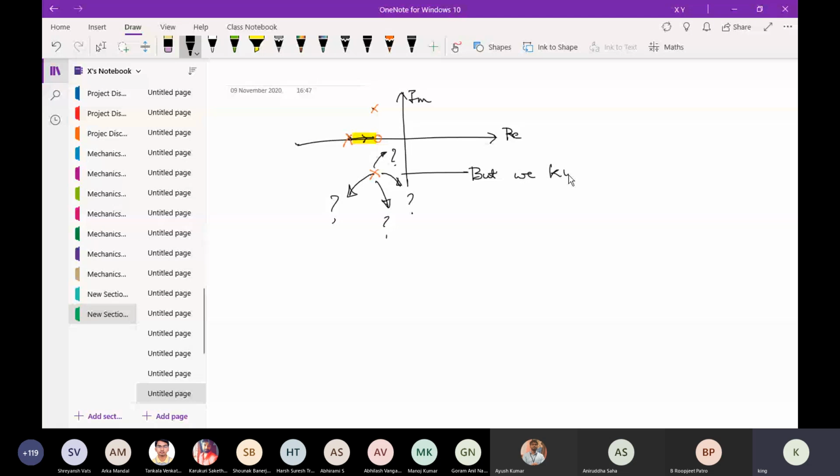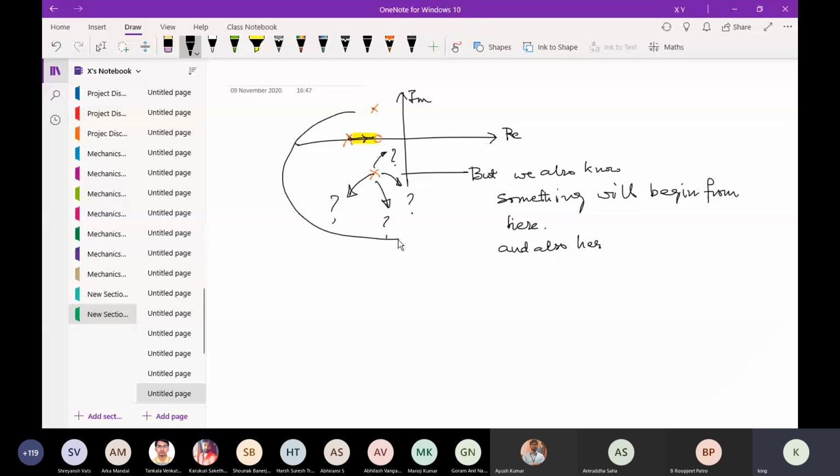But we know something will begin from here, but this simple rule has already given us the beginning and end of one part of the root locus.